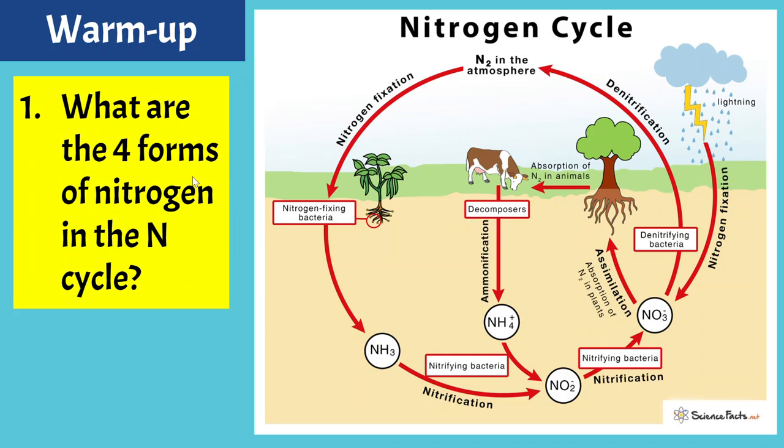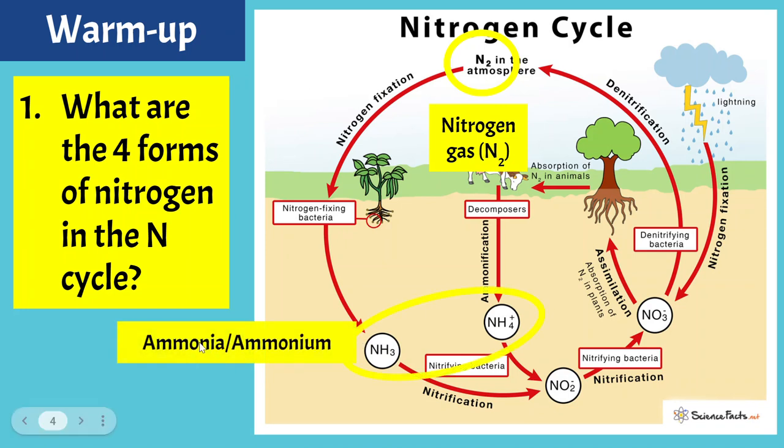All right, so our warm-up questions. What are the 4 forms of nitrogen in the nitrogen cycle? Remember, when we're talking about forms, we are talking about the chemical formula. What is it going to look like when it is in that particular arrangement? So our first form is nitrogen gas, N2, nitrogen gas in the atmosphere. Then we're sort of lumping ammonia and ammonium together, NH3 and NH4 plus.